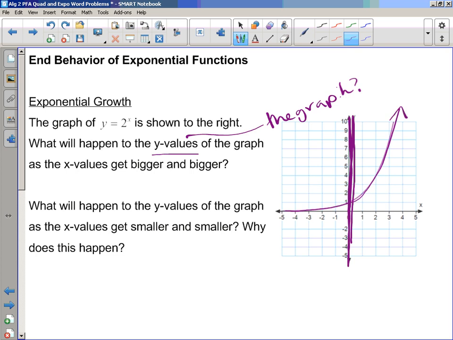It gets bigger and bigger and bigger as I go to the right. So what it's asking is when the x values get bigger and bigger, that's talking about going to the right, because x's get bigger on the right side. As I go out this direction, what happens to my graph?